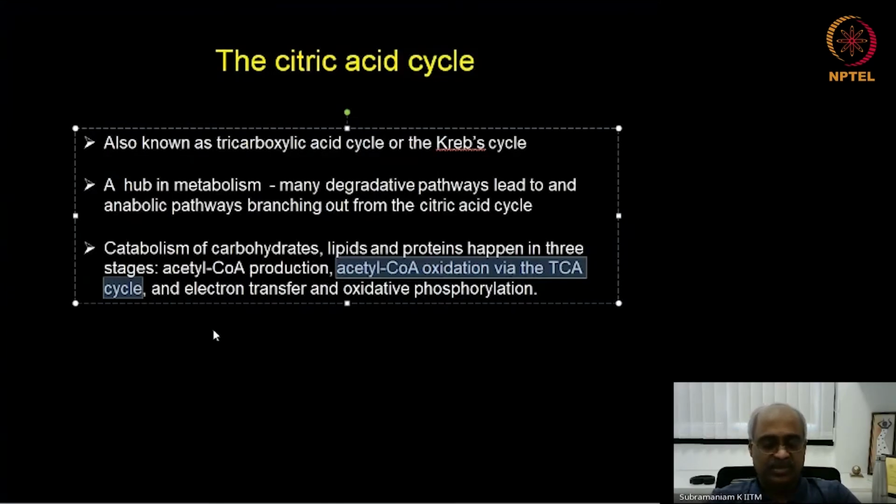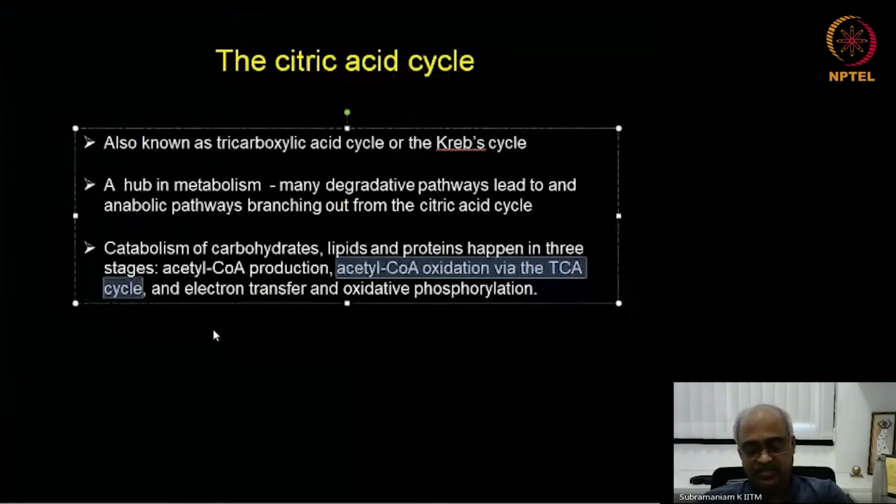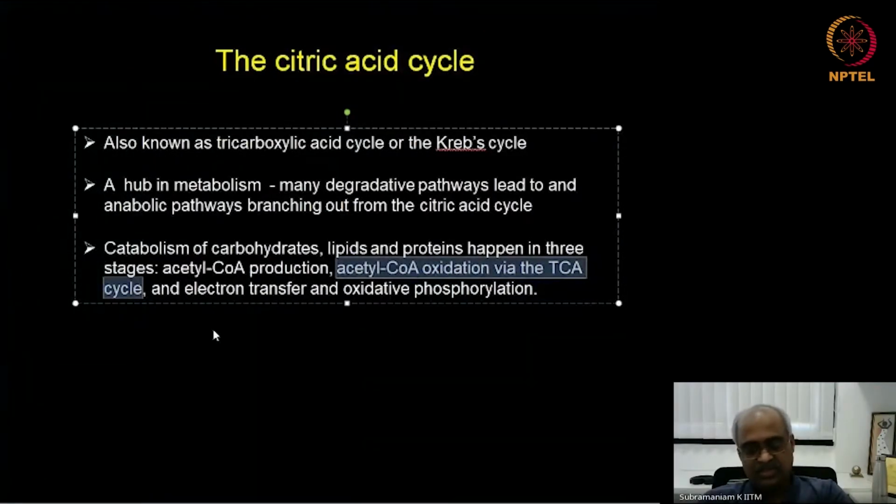Remember, biological oxidation-reduction means we are actually talking about an EMF, that is, flow of electrons from molecules that have low affinity for electrons to molecules that have high affinity for electrons. Here the ultimate molecule that is going to take up the electrons is oxygen, and the electrons flow from glucose if we are talking about the glycolytic pathway.